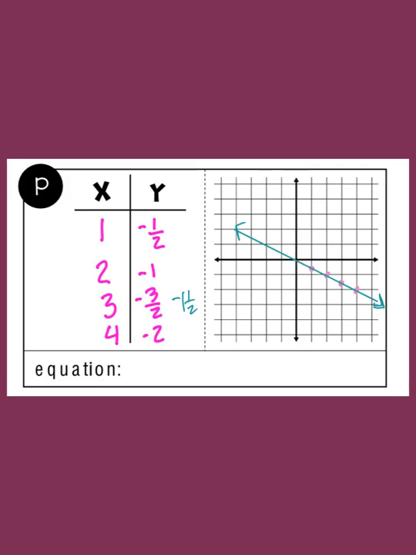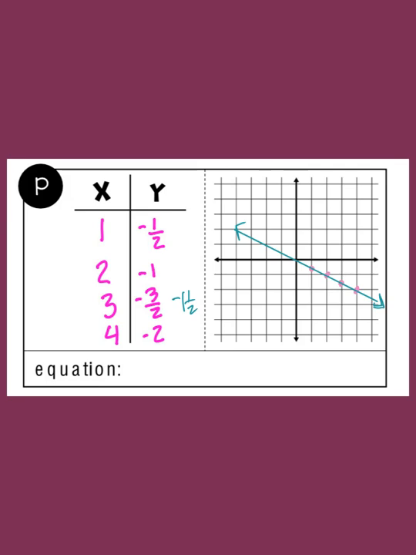So that's a big clue to let me know that it is proportional. It's multiplicative. I'm multiplying it by the same thing every time. So the question is, what am I multiplying it by? Well, to do that, you can divide. I can say negative 1/2 divided by 1 is what? To figure out what I'm multiplying by. Or even knowing that 1 times what is negative 1/2? Negative 1/2. That's what I'm multiplying by each time.